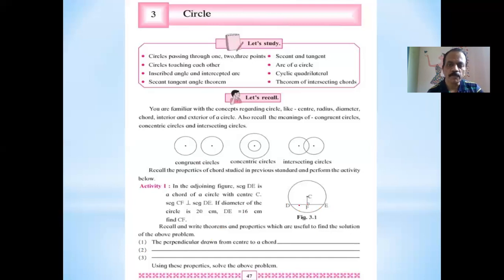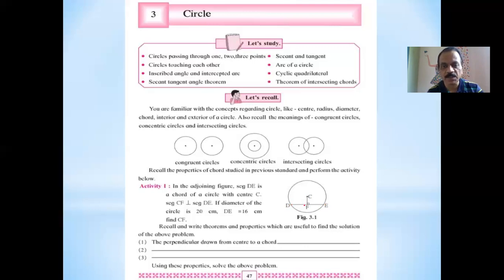This can also be proved by drawing these two radii, and two triangles will be formed, CDF and another triangle CFE. These two triangles are congruent by the 90 degree angle, the hypotenuse, and one side common, CF is common in both triangles. So by the hypotenuse side test, these two triangles are congruent.